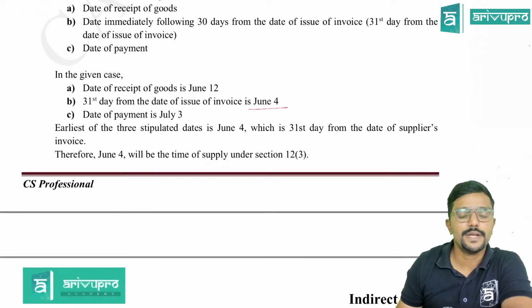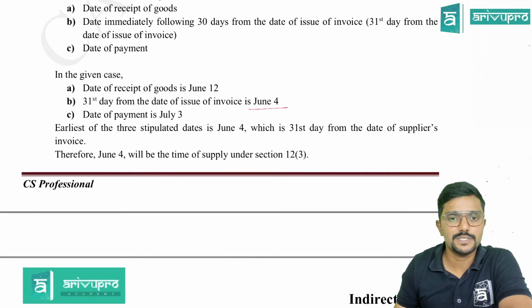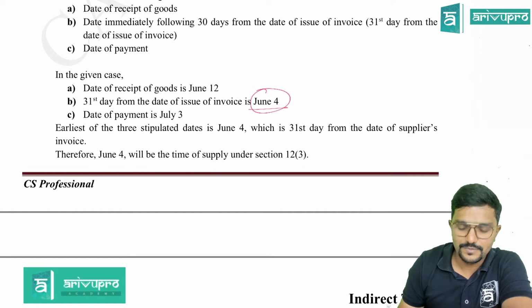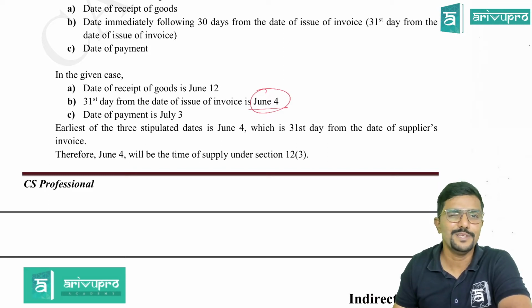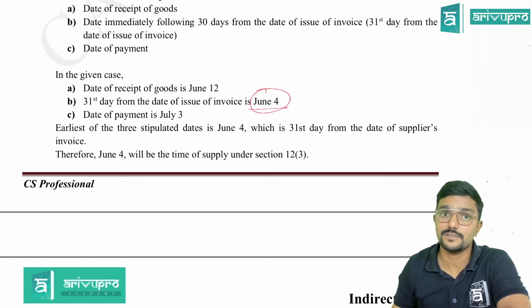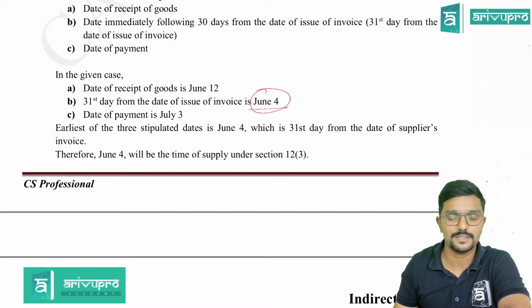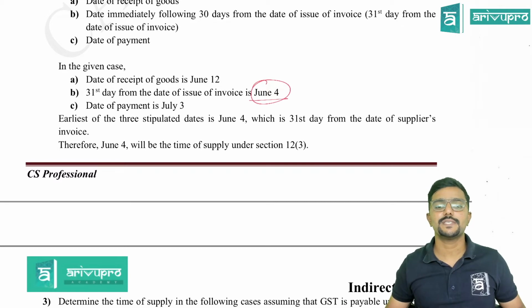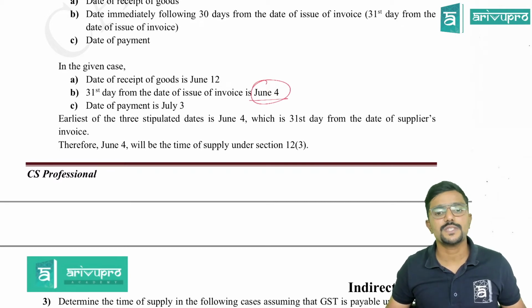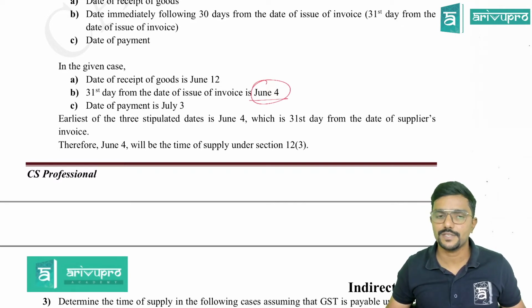Okay, so date of payment is July 3rd, which is later than June 4th. See, if by chance you take June 3rd and give it as an answer, it is a wrong answer. Please be careful. Sir, will one day make a difference? Yes, the evaluator will definitely cut marks for that also. Earliest of the 3 stipulated dates is June 4th, which is the 31st day from the date of supplier's invoice.